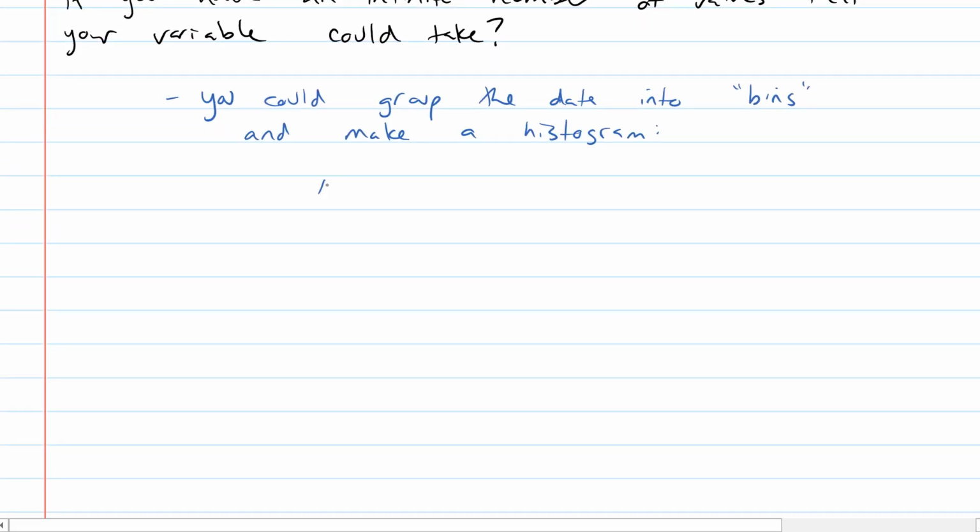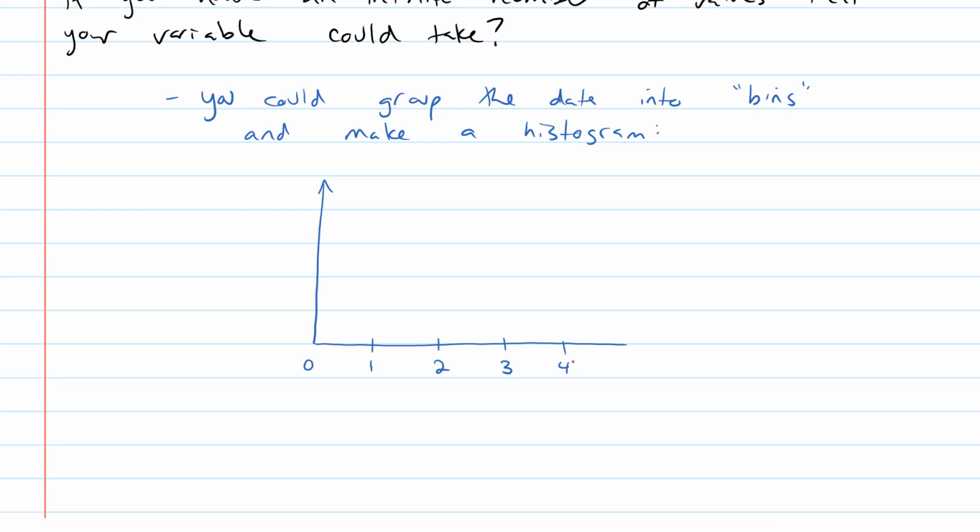So, for example, if you're taking times and your time is anywhere from 0 to, I don't know, 3 or 5 seconds or something like that, then you could group all your data and put all of the instances in which you've measured a time between 0 and 1 seconds in the first group, and between 1 and 2 in the second, and between 2 and 3 in the third, and all the rest of it.